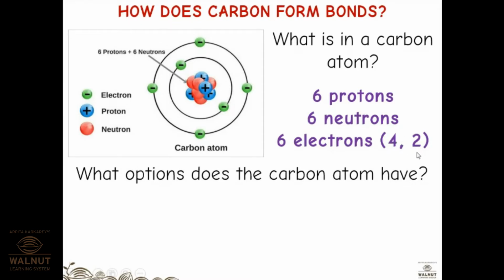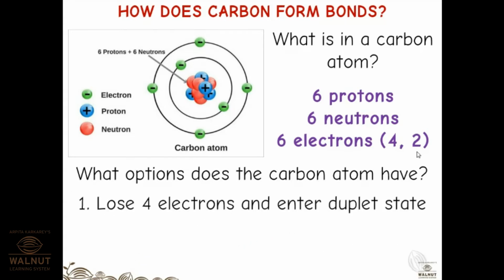Now, you know that its octet is not complete, right? So if a carbon atom wants to form a bond and gain that stability, what all options does it have? First of all, correct, lose 4 electrons and enter into duplet state. If it loses its 4 electrons, then how many electrons will remain? The innermost 2. So it can achieve the duplet state, right?